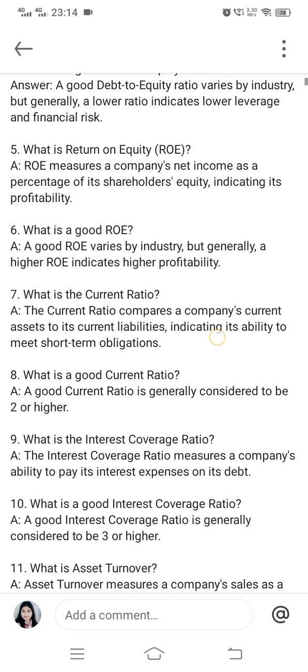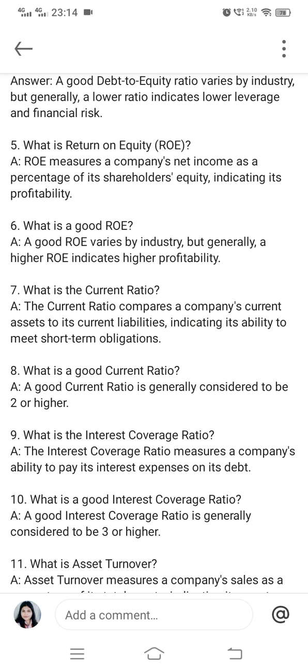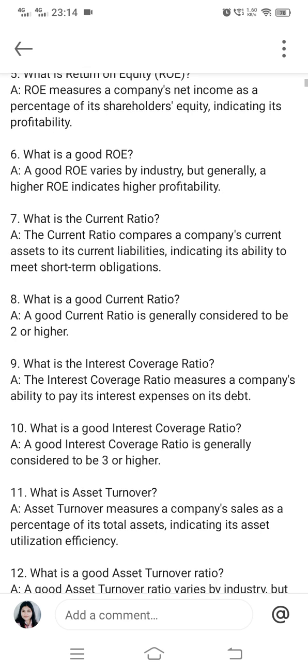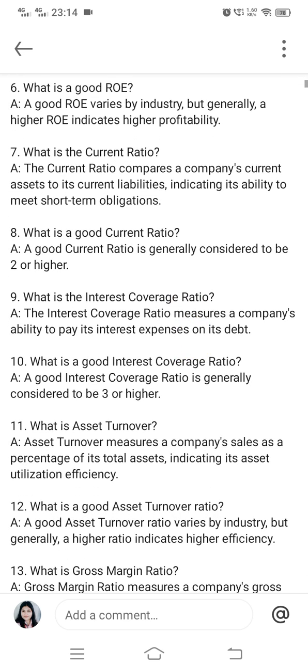If you are watching this video till now, you must know that these are basically related to ratios. We have different kinds of ratios in accounting. While you are going for investment banking questions, they will focus more on the core finance part.